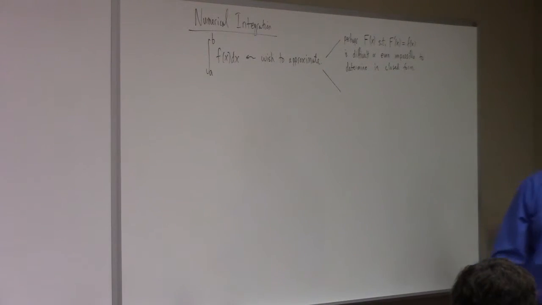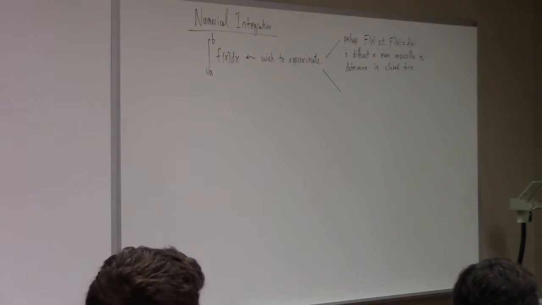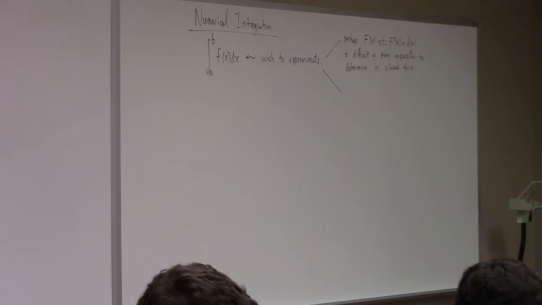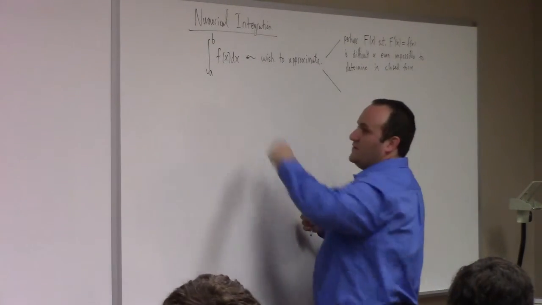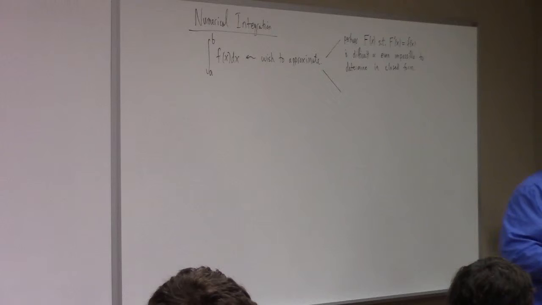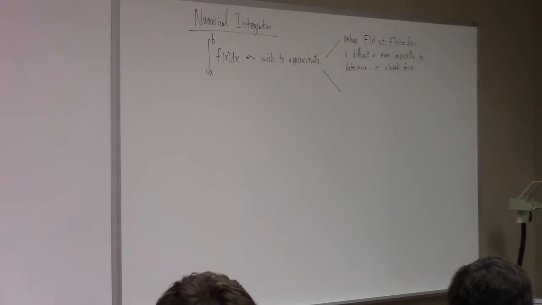But there are other things that are more insidious than this. Maybe you're working in an application, and it could be that you don't even have a formula for f of x. It may be that all you have is some kind of data set which describes the function. That's a real possibility in applications to the real world.